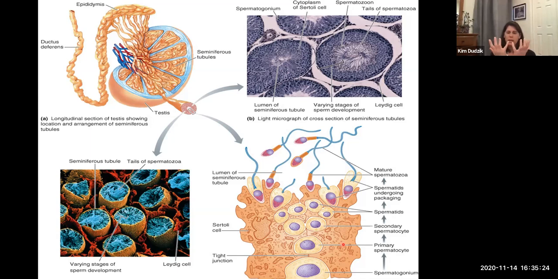And the Sertoli cells are kind of these really big cells where they kind of surround the germ cells and the spermatids, the cells that are going through meiosis to produce the sperm. So you can see, all of this orange structure here, you can see all the organelles and things inside.